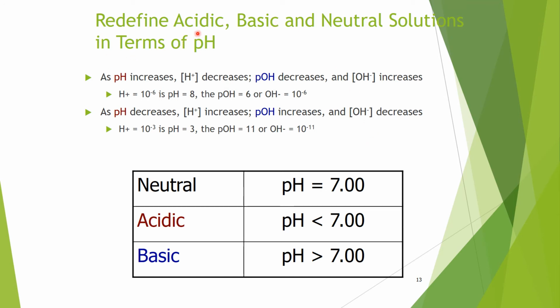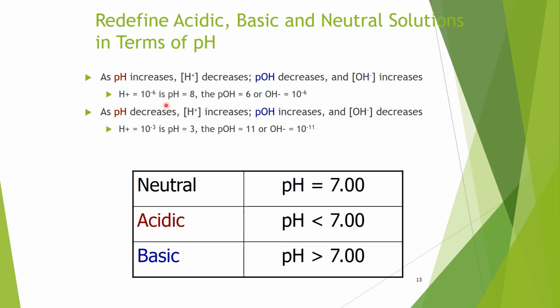All right, so let's get more quantitative in terms of numbers and look at what happens with pH. When the concentrations of H plus and OH minus are equal, they're each 10 to the minus 7th.